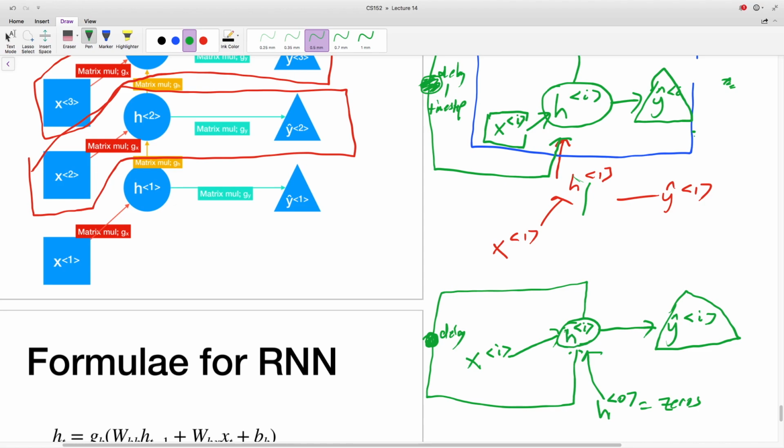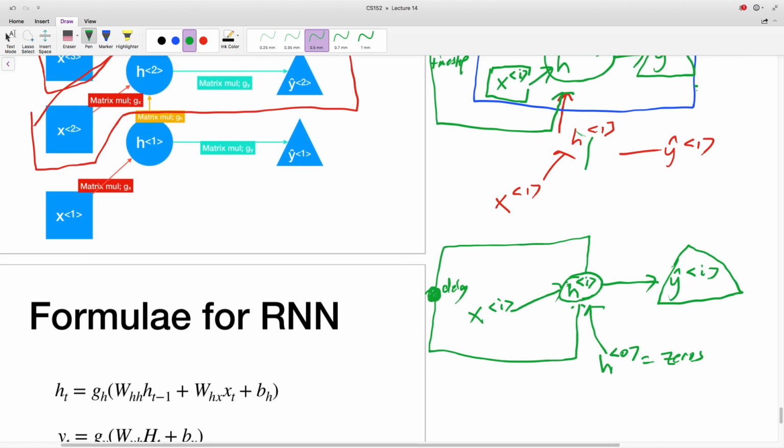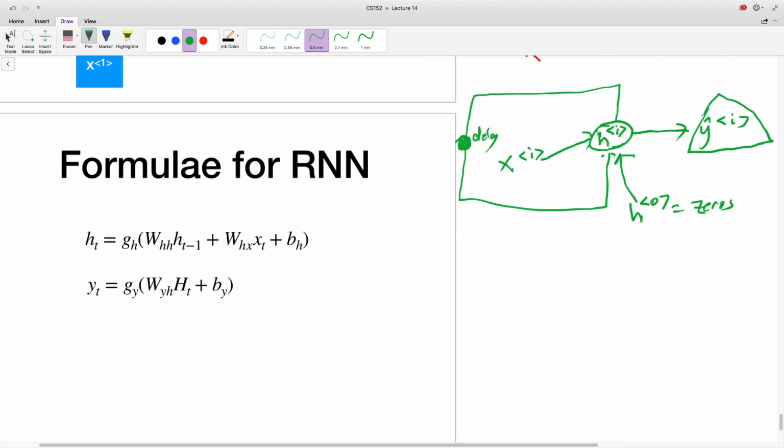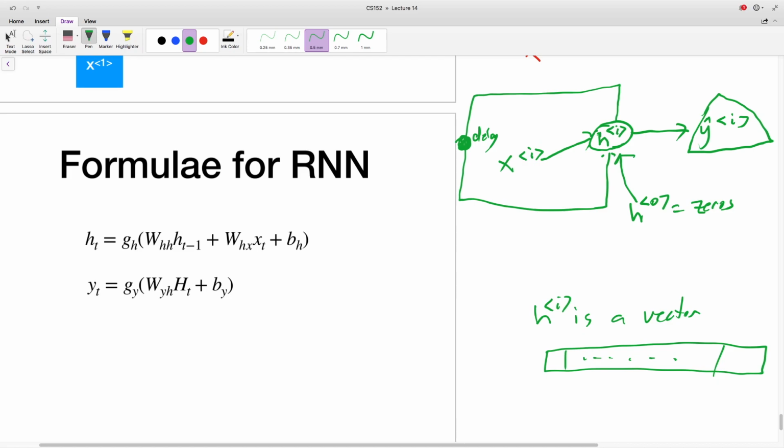Okay, so let's see. h, really h at i, is a vector with a bunch of values, right? It's basically like a bunch of neurons. It's just a bunch of values.